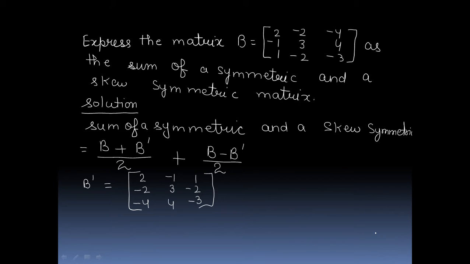And the next question is: express the matrix B as the sum of a symmetric and a skew symmetric matrix. First of all, you have to be clear what is a symmetric.